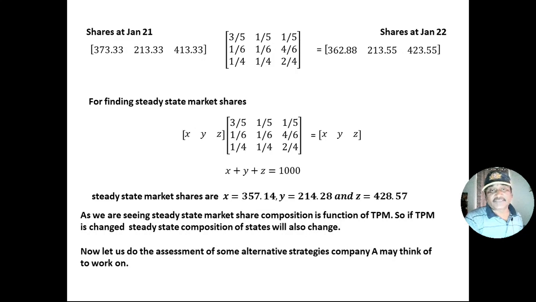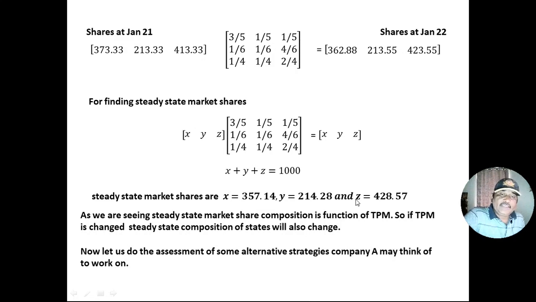But for finding when that steady state will be reached, you will have to continue doing these computations till you get this market share. We will not look at the period for reaching steady state. But steady state is this one.